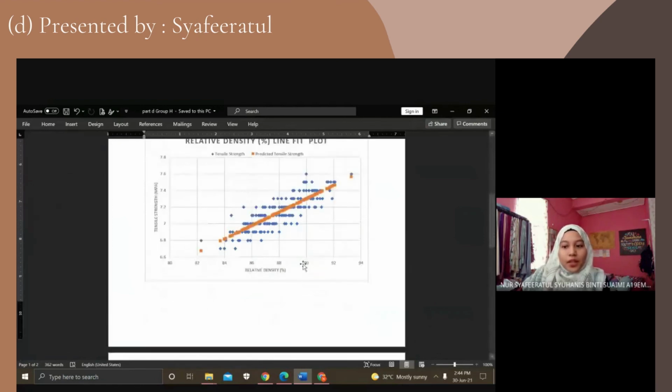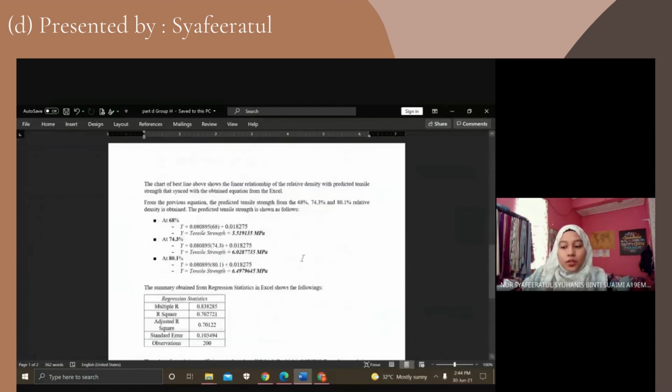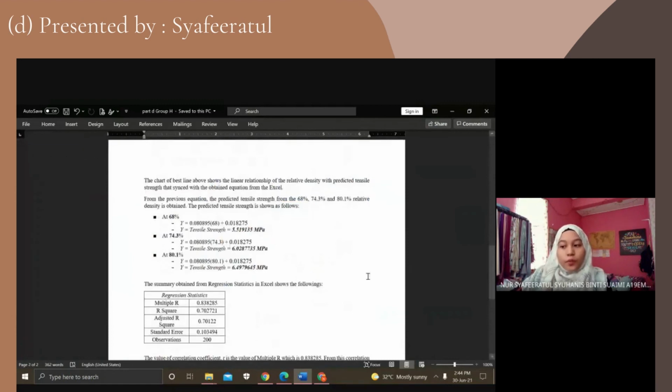From the linear regression equation, which is y equal to 0.80895x plus 0.018275, we can get the predicted tensile strength at 68%, 74.3%, and 80.1%.